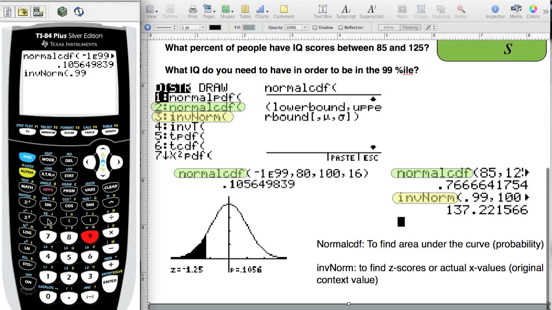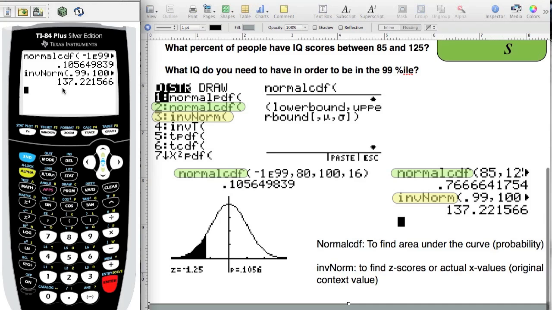Okay, and then I'll type in comma, the mean, 100, comma, standard deviation at 16. And I close my parentheses. That's all I have to type in. So that was percentile area as a decimal, comma mean, comma standard deviation. I hit enter, and it shows me that in order to be considered in the 99th percentile, I would have to score an IQ of at minimum 137.22.